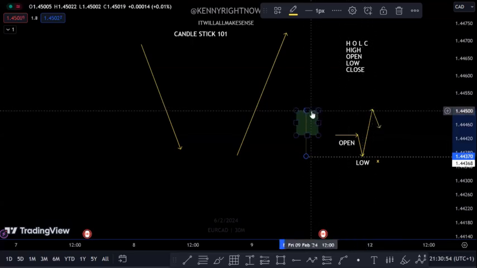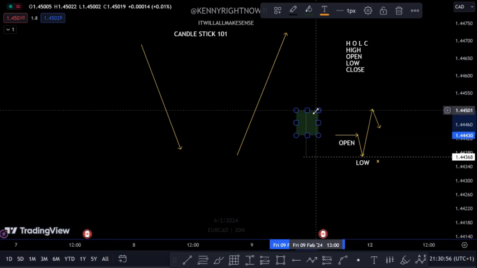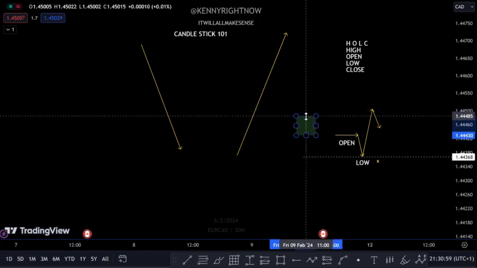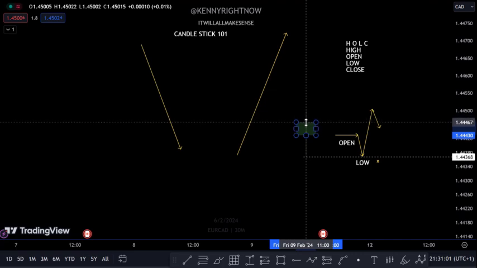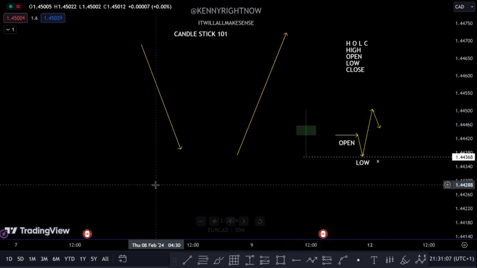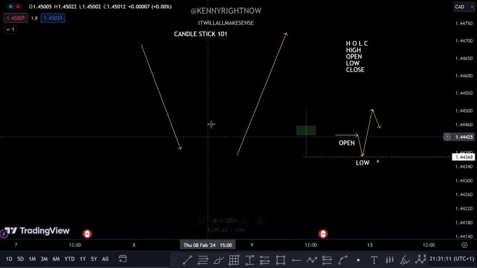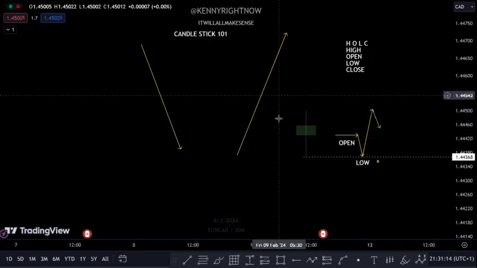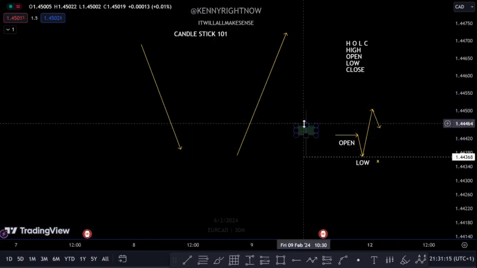So if price is going to be dropping down like this, down to this area, this is what the candle will look like. Now, the structure is printing out what this candle would look like, bullish or bearish.